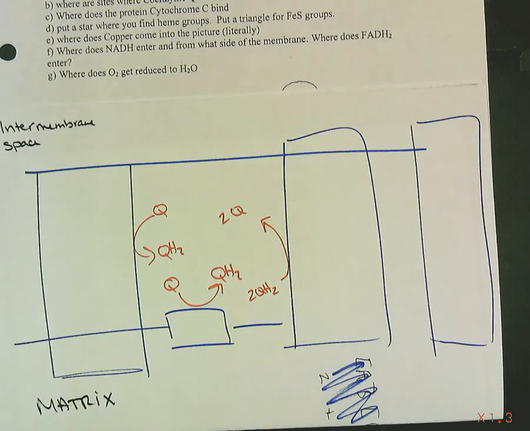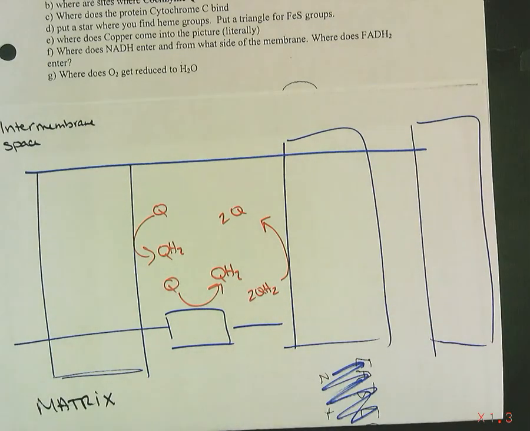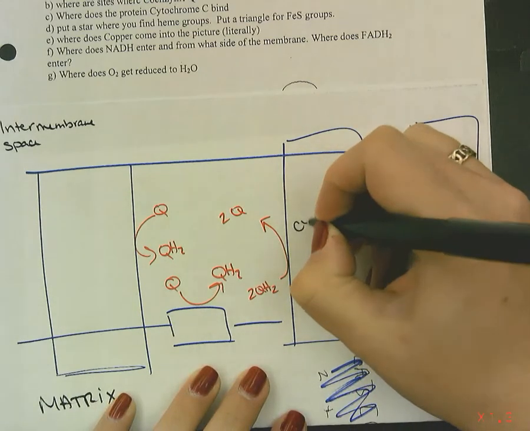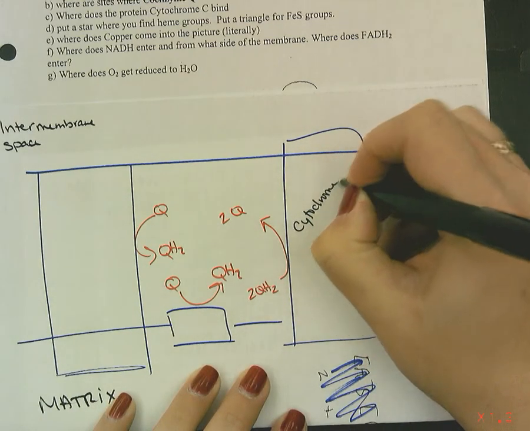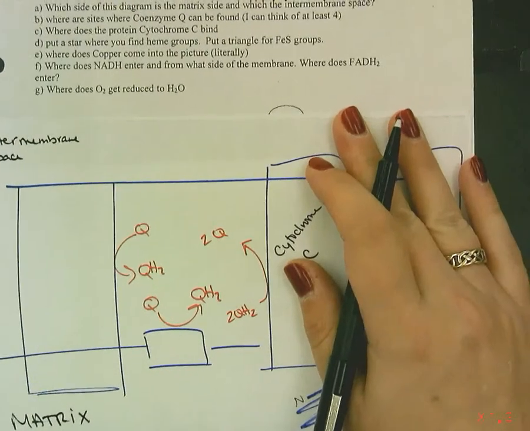All right, what complexes contain cytochrome C? 2. Actually, 3. You meant 3. Okay, so cytochrome C is going to be found in complex 3.